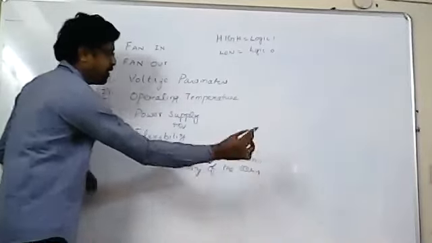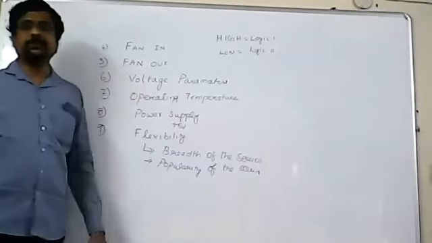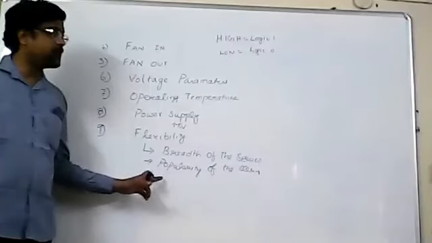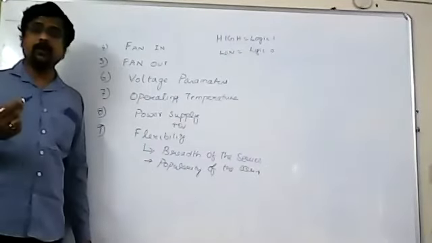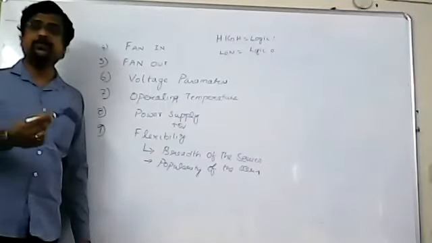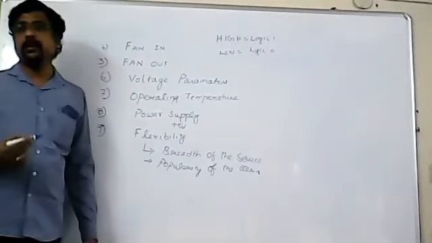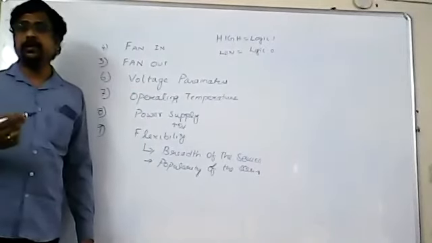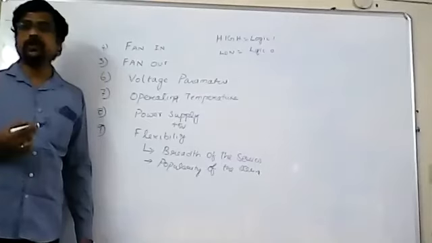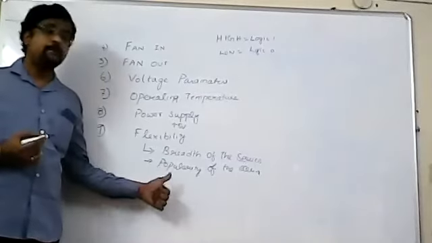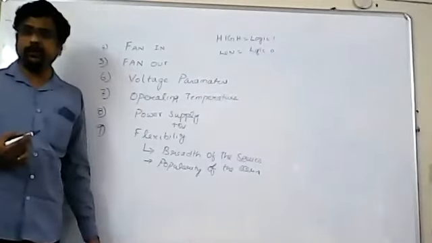Next is popularity of the series. Popularity of the series means how many number of ICs are manufactured by the company. How many number of ICs are manufactured by the company defines the popularity of the series.